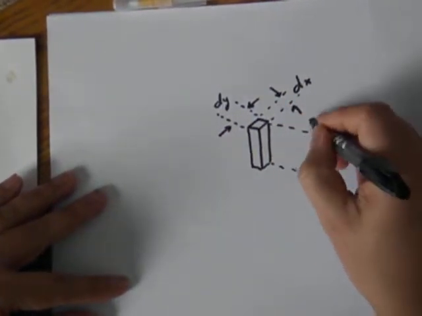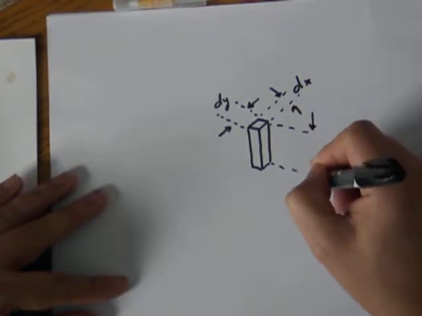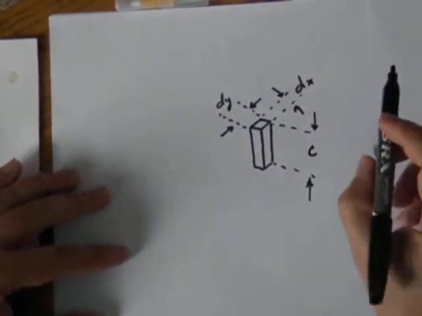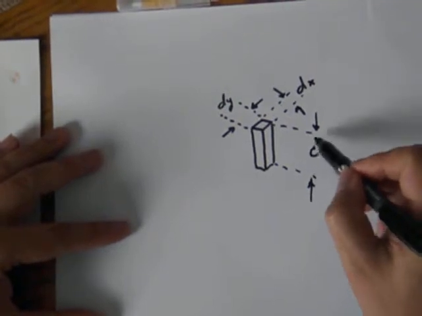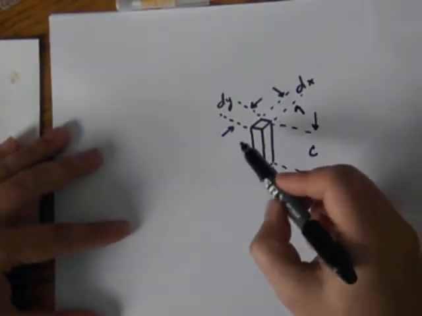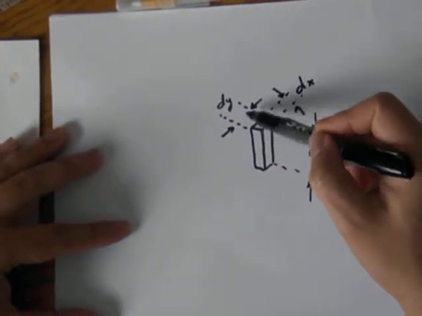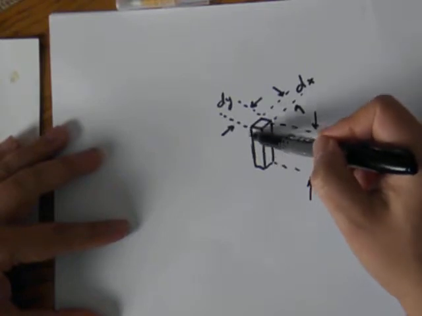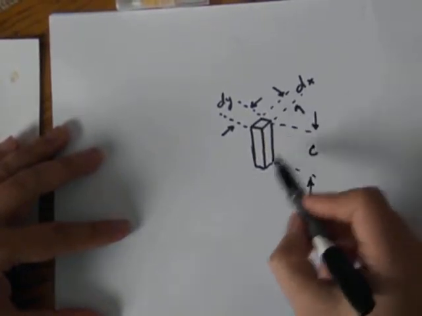The vertical thickness is still c. In this case, this quantity is not going to affect the moment of inertia because we're going to be spinning around an axis which is parallel to this thickness.